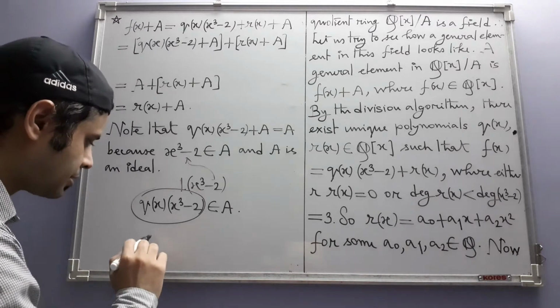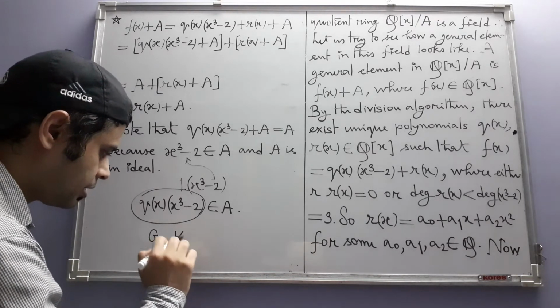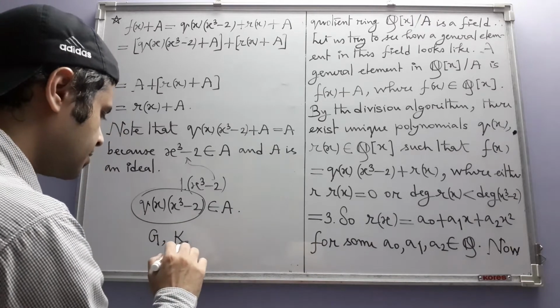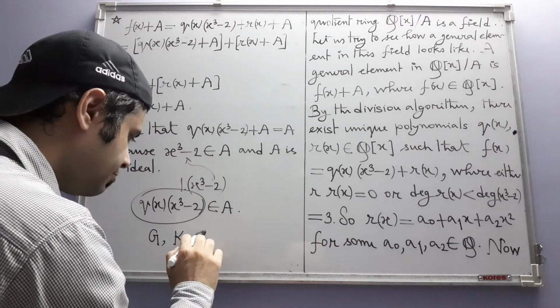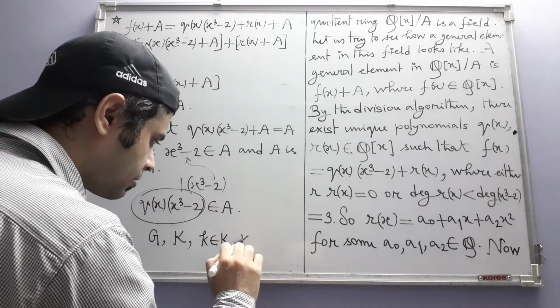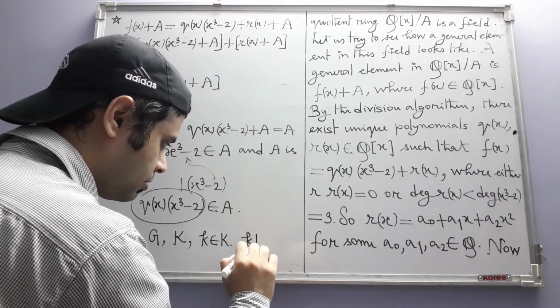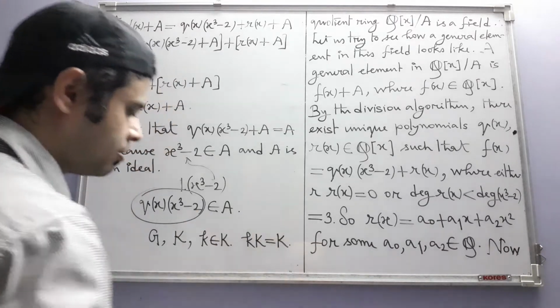Do you remember that if you have a group G and K is a subgroup of G, then if you take an element k belonging to K, then the coset kK is actually equal to K?